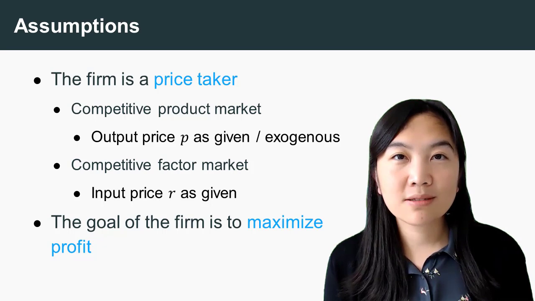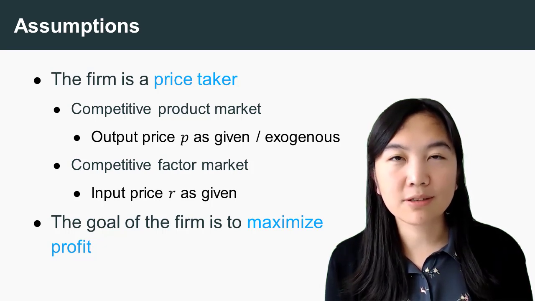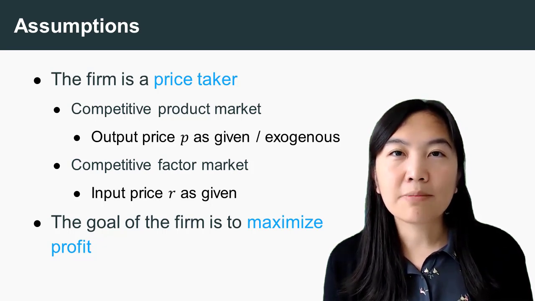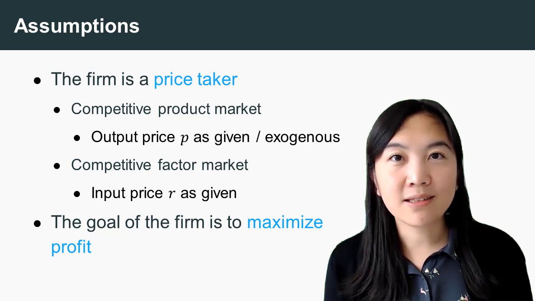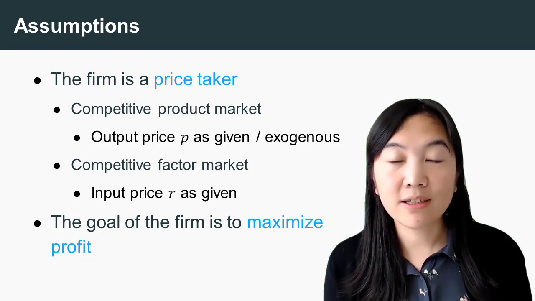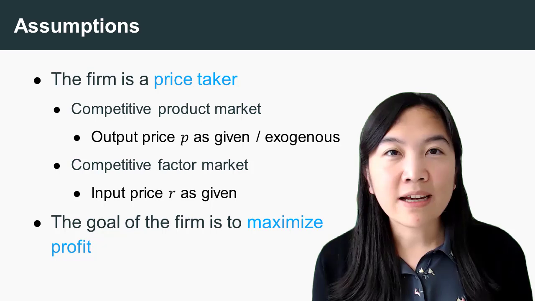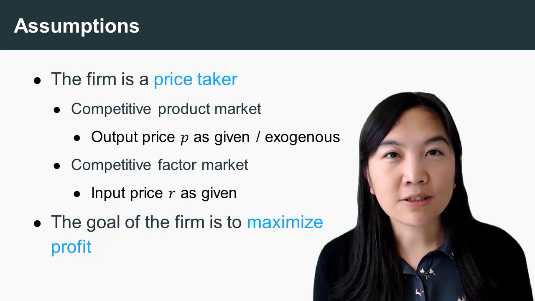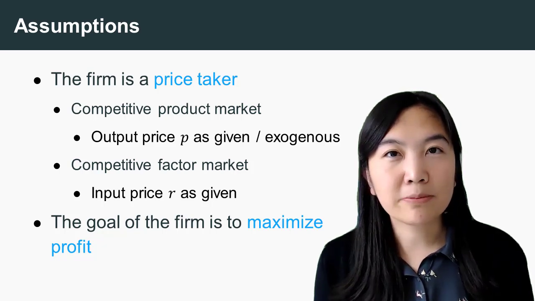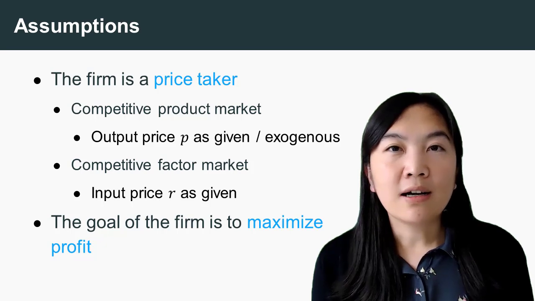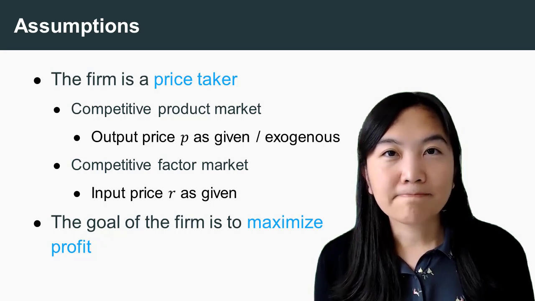The purpose of those producers is not profit maximization. Instead, it's output maximization or yield maximization. In general, it's a reasonable assumption to say that the objective of producers is profit maximization.